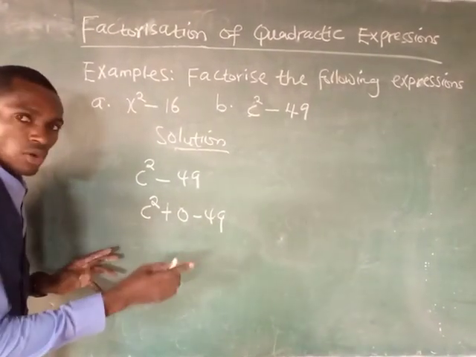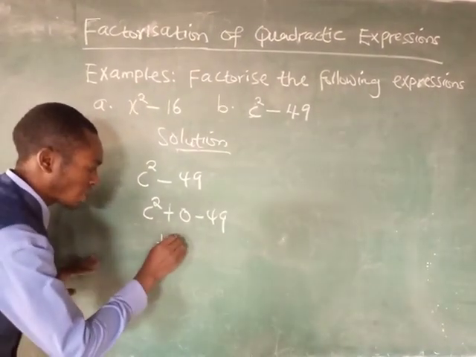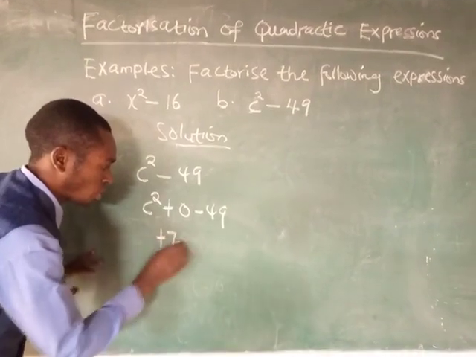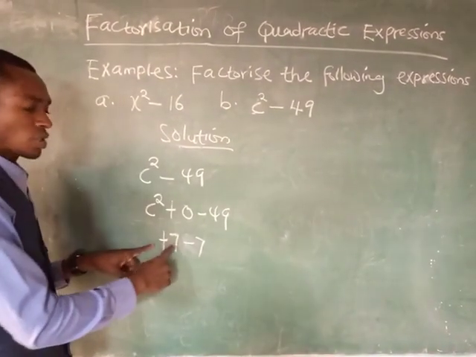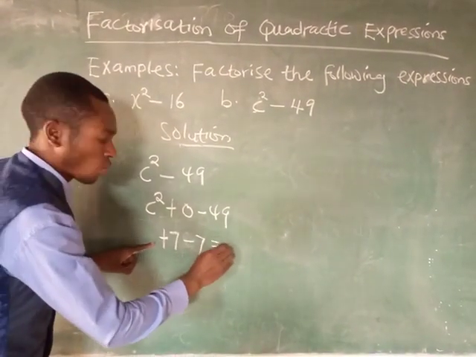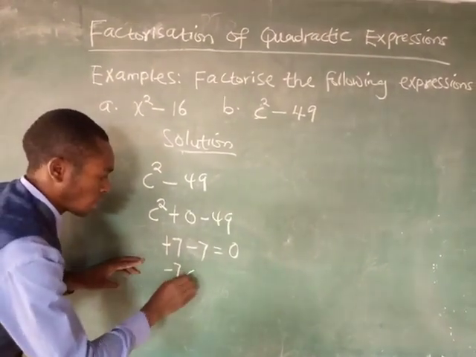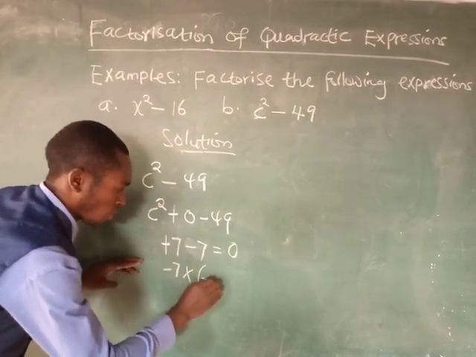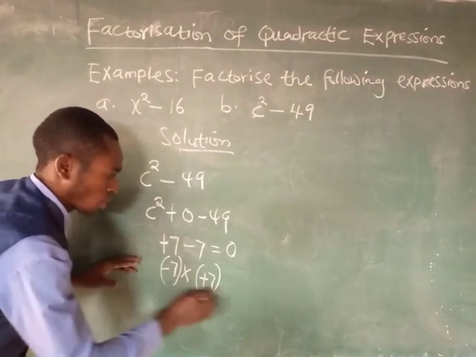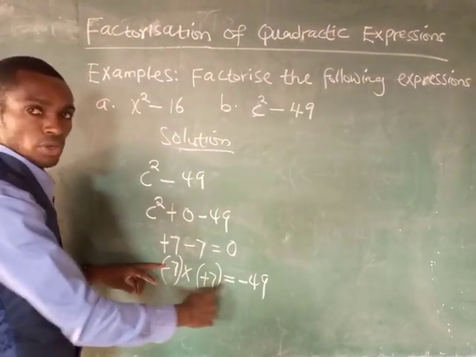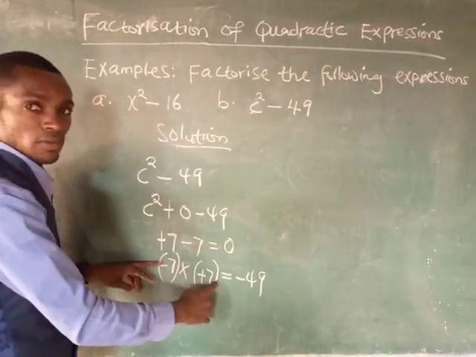Now, if you check, you are going to observe that the numbers are plus 7 and minus 7, because plus 7 minus 7 is equal to 0. And if you say minus 7 times plus 7, you are going to have minus 49, because minus times plus is minus, and 7 times 7 is 49.